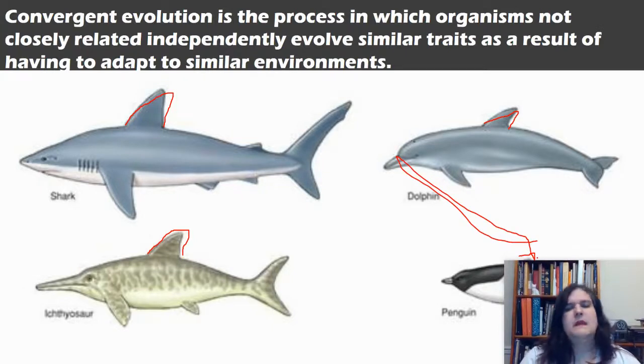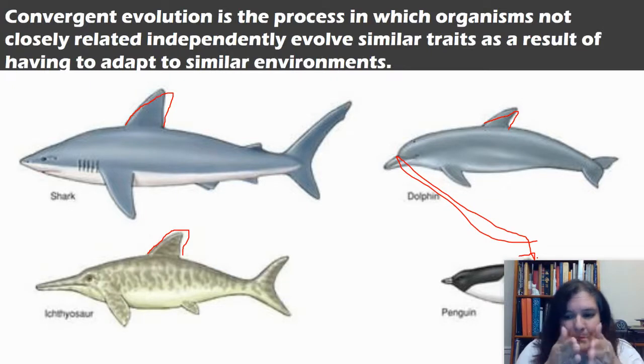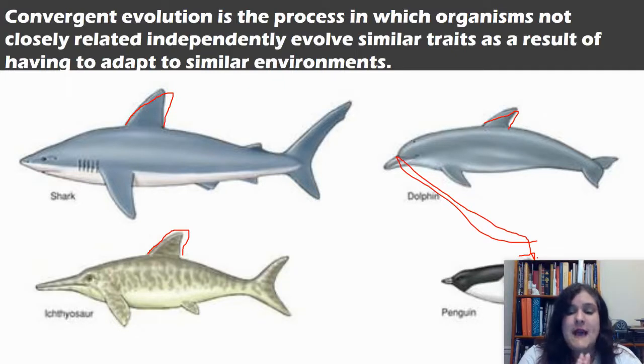Each of these organisms has fins. They have the pointed beak-like nose. They're long-bodied and sleek and go through the water. Okay. They all had to adapt to swimming in the water, so they all have similar traits.